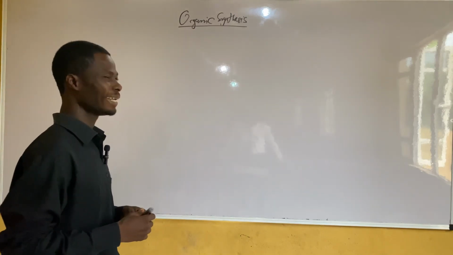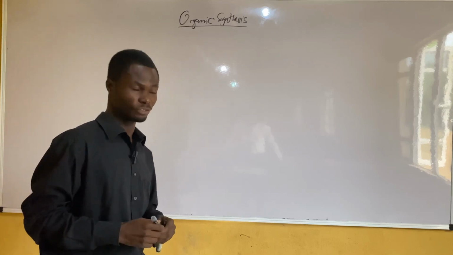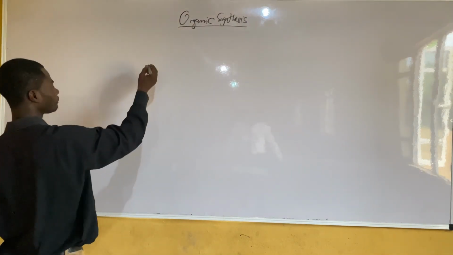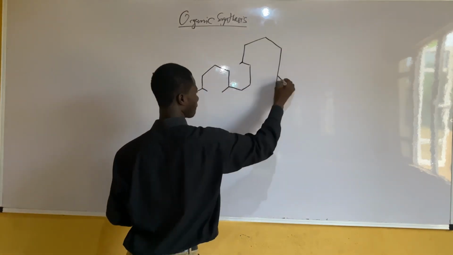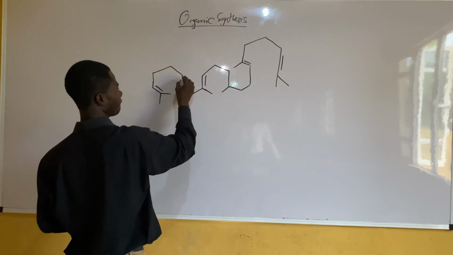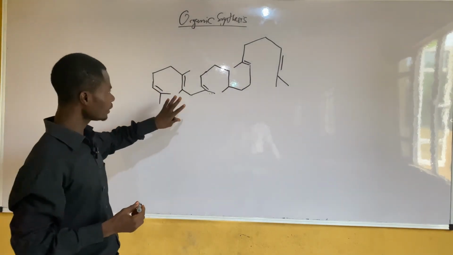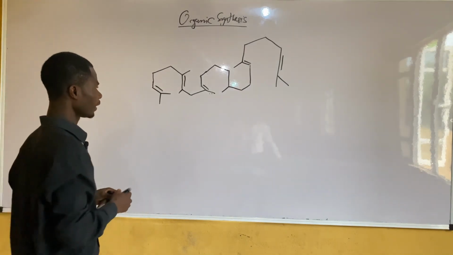So now, let's say from an organic synthesis, or let me just say chemical point of view, how do we go about such a thing? Now, this is how the squalene structure looks.